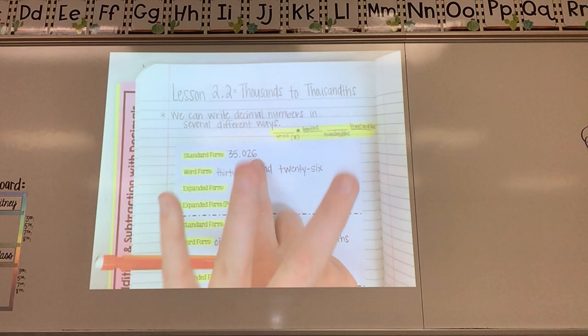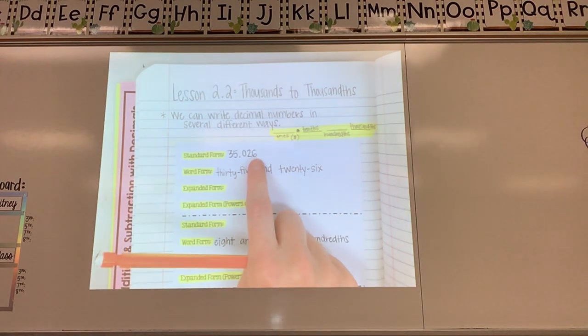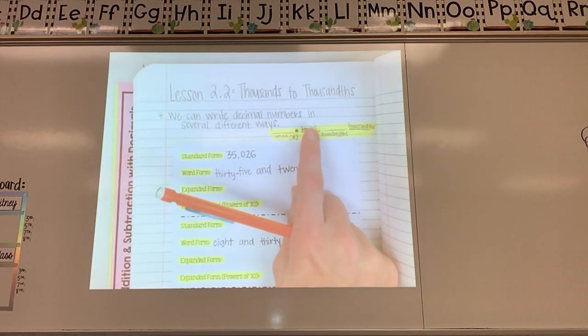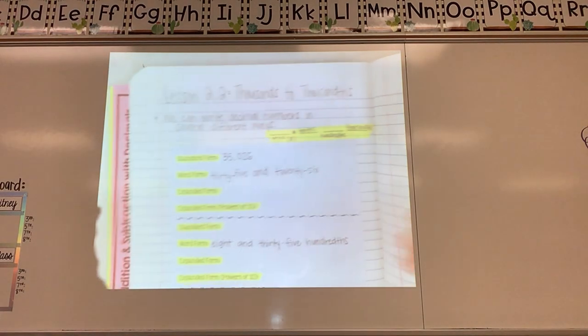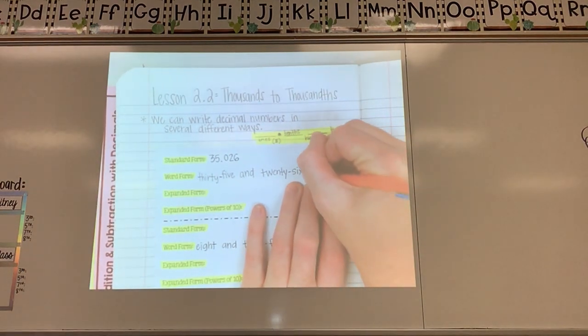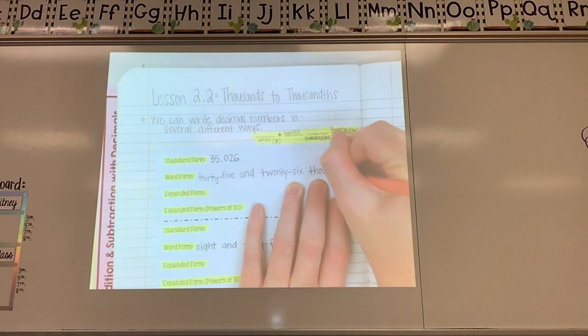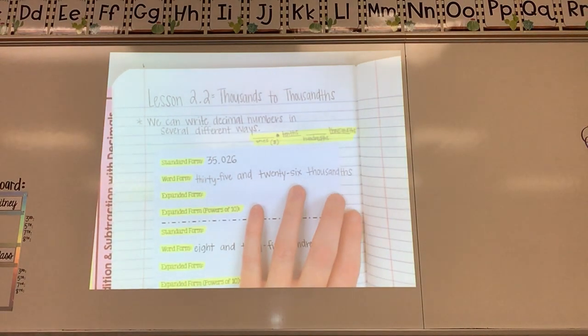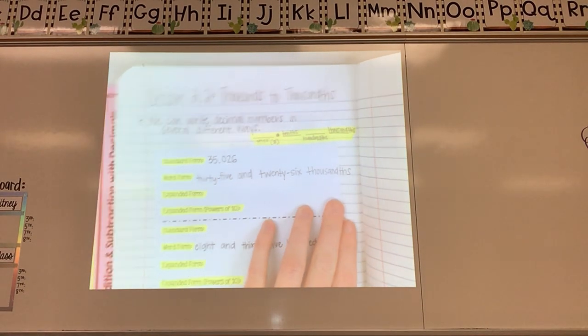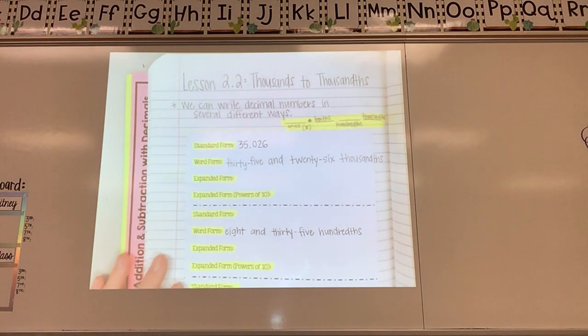I had 3 numbers. So I need to go up here to my place value chart and think if I had 1, 2, 3 numbers, what place value would that be? The thousandths. So I have to write thousandths as my last word in my word form, because that's telling everyone else what my decimal place value is. And that's how you write it in word form.